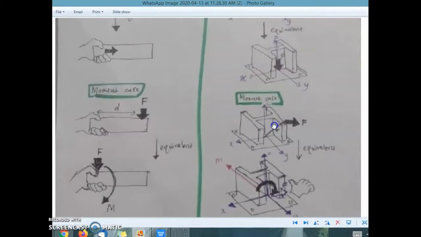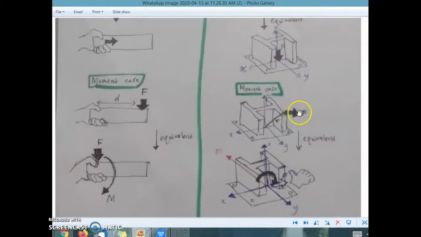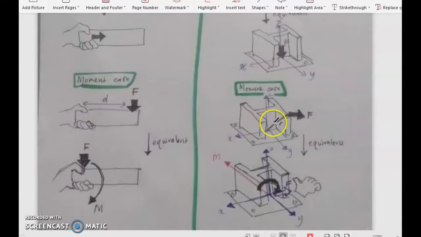Same goes for the moment cases. If there is a force not on the axis x, y, or z, maybe outside of those axes, the moment will be created because there is a line of action r here. Any force on an axis, maybe x, y, z, will not produce a moment.